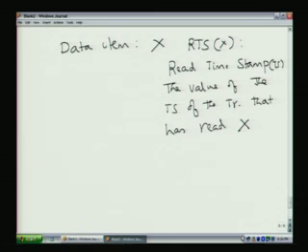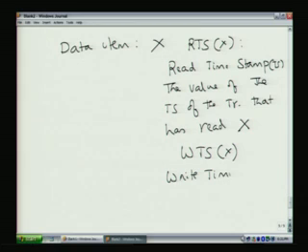Okay. Now, similarly, we will have the write timestamp of X, which tells correspondingly the write timestamp of the transaction. Okay.